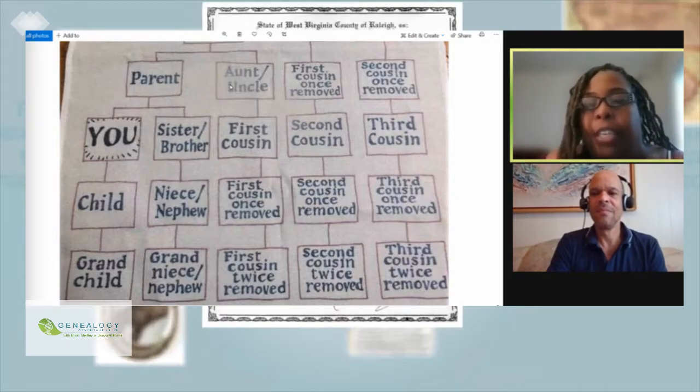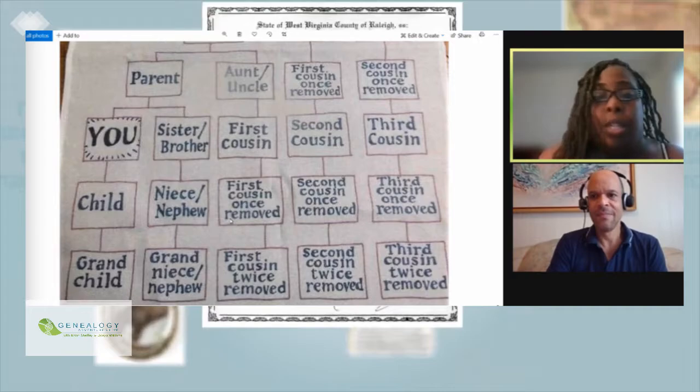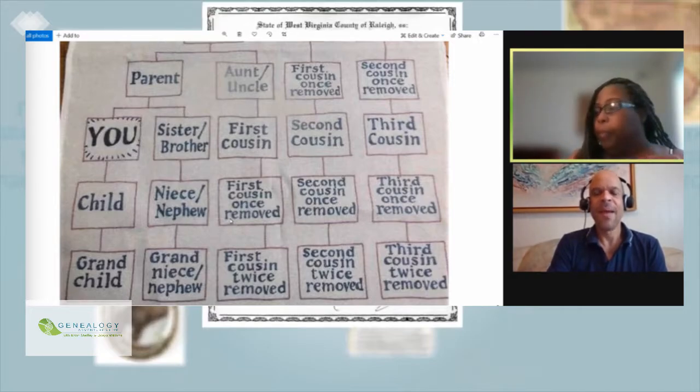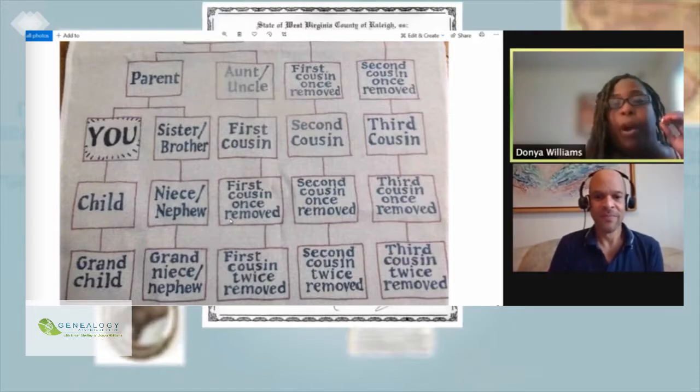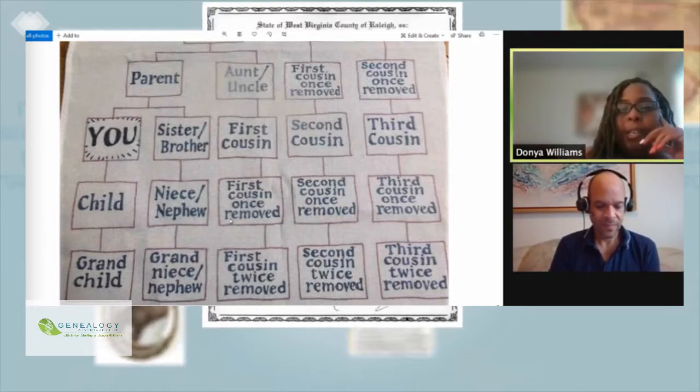And if that child had a child, then it would be first cousin twice removed. And then if that child had a child, it would be first cousin 3 times removed. It literally goes forever. You can have a first cousin 60 times removed. So that's how that works. That first part will never change.